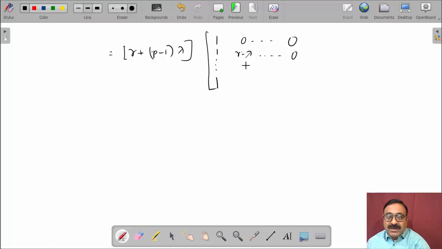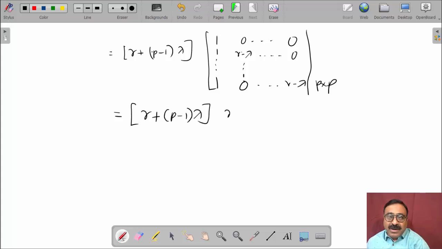Now this will be R plus P minus 1 lambda into R minus lambda to the power P minus 1.